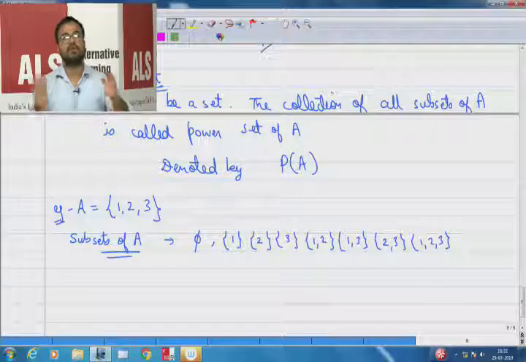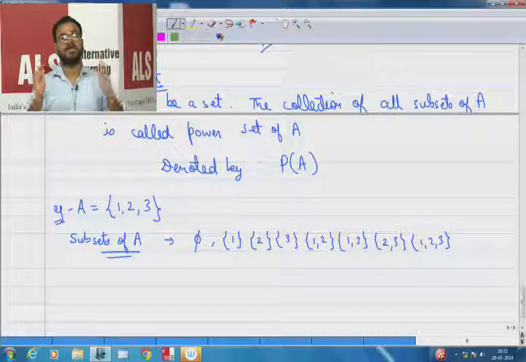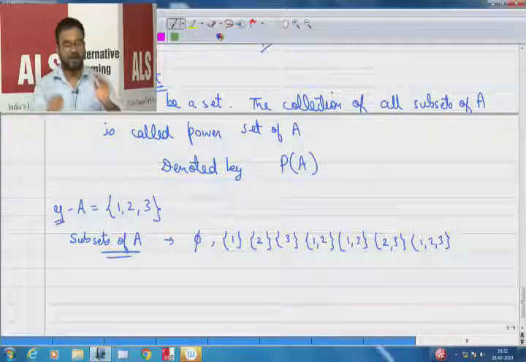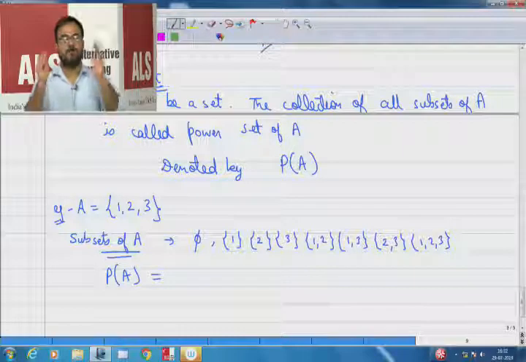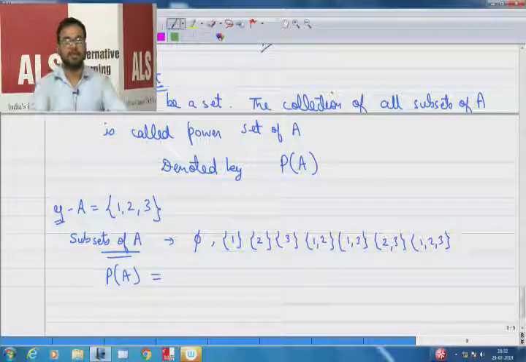Now if we make a collection of all these subsets, that is called the power set of A. If you have to write the power set of A, we put all these again in a curly bracket.